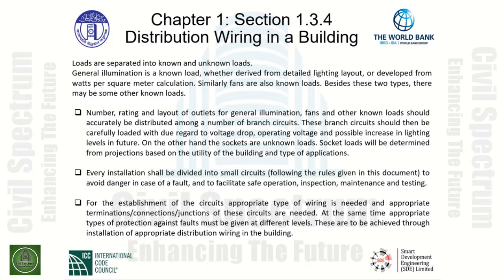For the establishment of the circuits, appropriate type of wiring is needed, and appropriate terminations, connections, and junctions of these circuits are needed. Appropriate types of protection against faults must be given at different levels. These are to be achieved through installation of appropriate distribution wiring in the building.